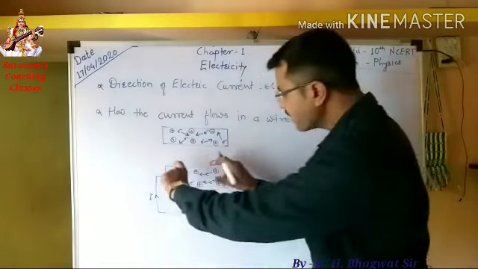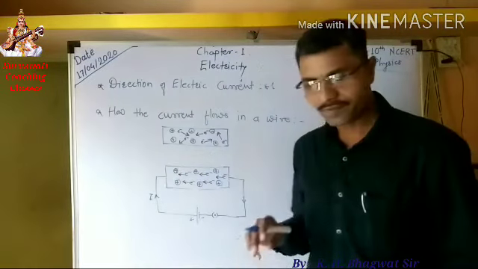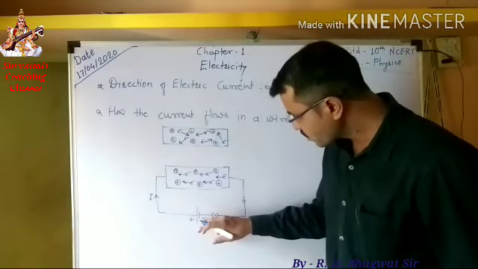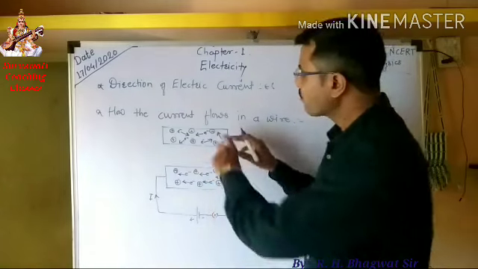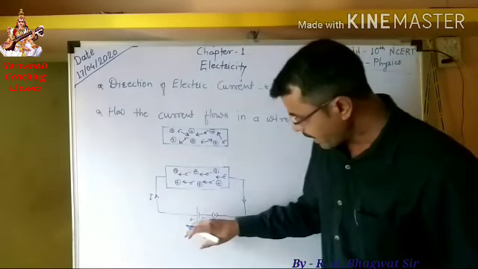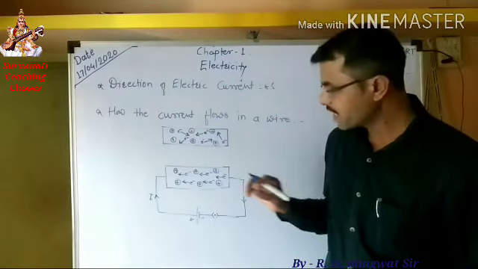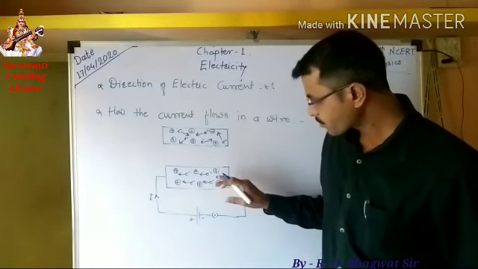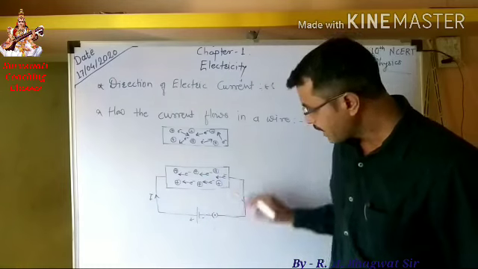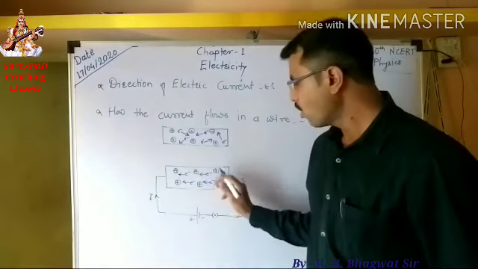Now, when we connect this conductor across a battery, these negative charges repel the free electrons, while the positive charges attract the electrons. Therefore, all electrons flow from the negative terminal of the battery to the positive terminal.